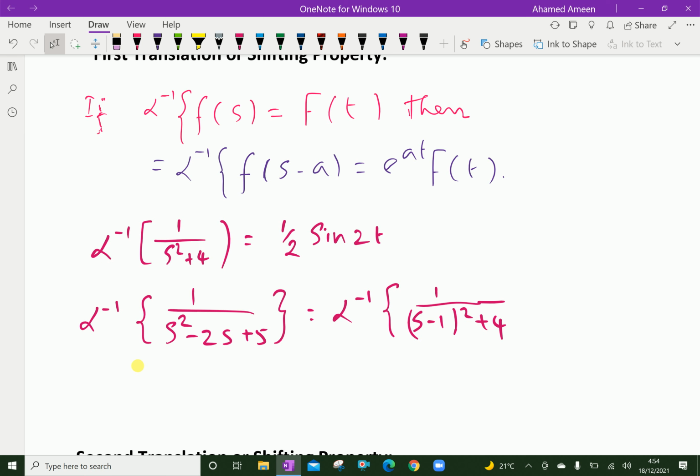That means if you expand (s minus 1) whole square it is s squared minus 2s plus 1, and 4 is there, so 1 plus 4 is 5. Then this is equal to half of e power t sine 2t. That means we are using this here.